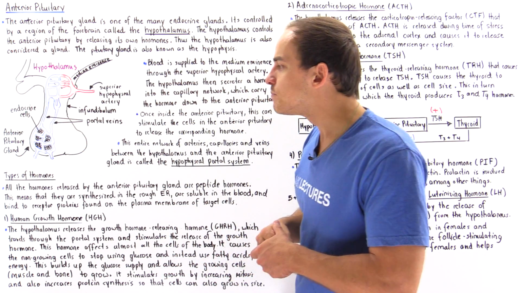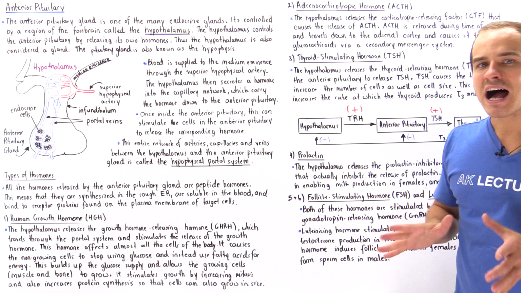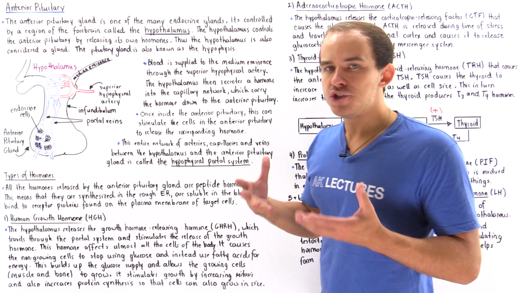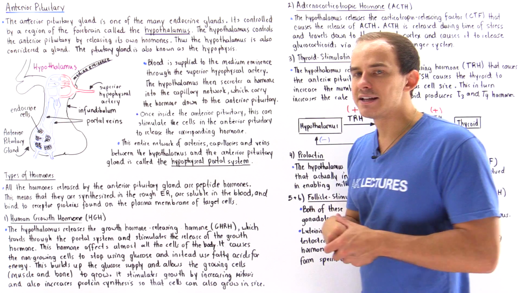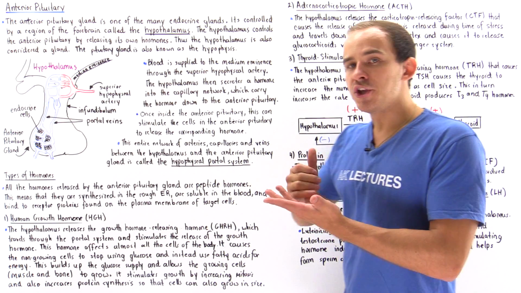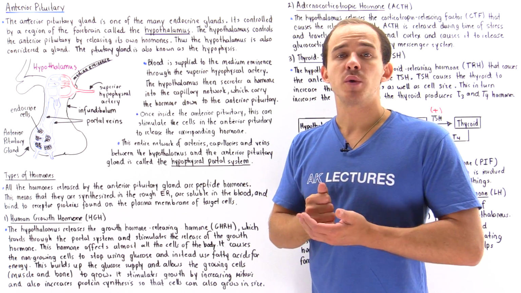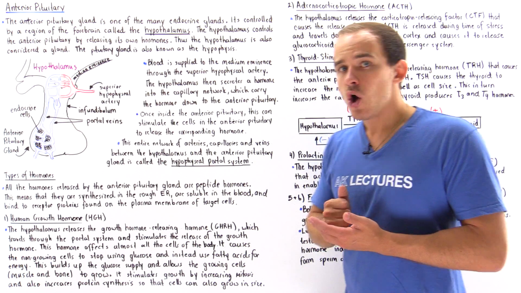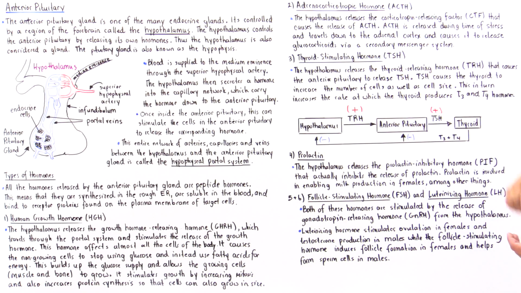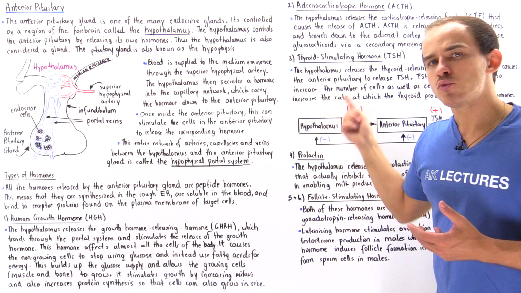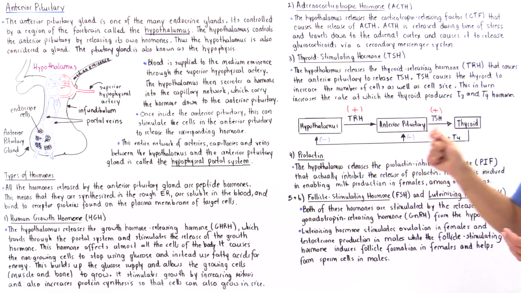So there are 6 different types of hormones that we should know when it comes to our anterior pituitary gland. So we have the human growth hormone, also known as simply the growth hormone. We have the adrenocorticotropic hormone, or ACTH. We have the thyroid-stimulating hormone, or TSH.